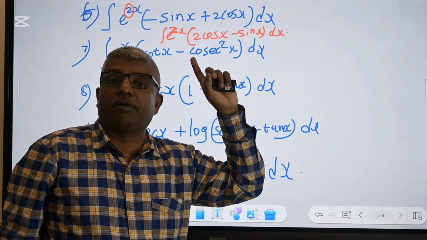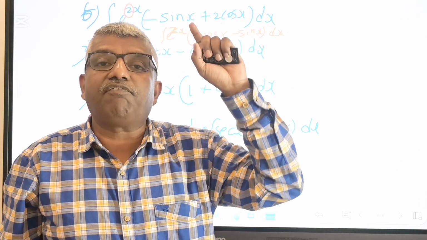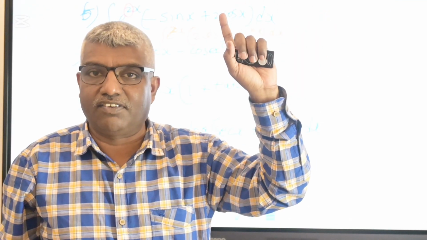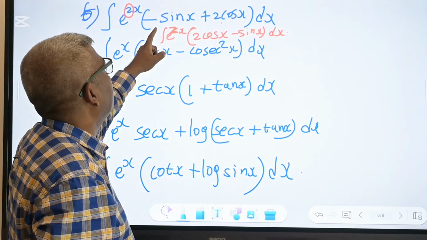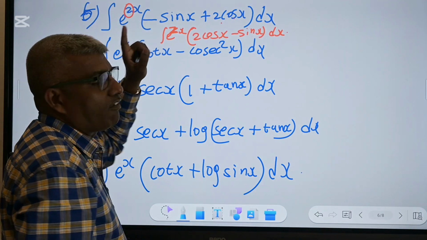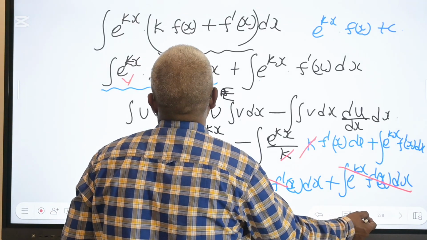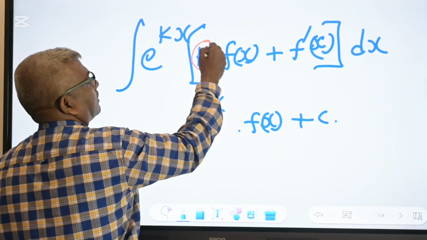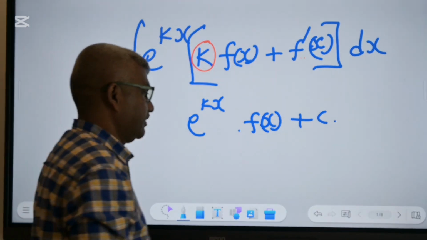You recall the formula: k f of x plus f dash x only, not k f dash x. So we may be confused, 2 cos x, we need minus 2 sin x. No, our formula is very clear: k f of x plus f dash x only, not k f dash x.